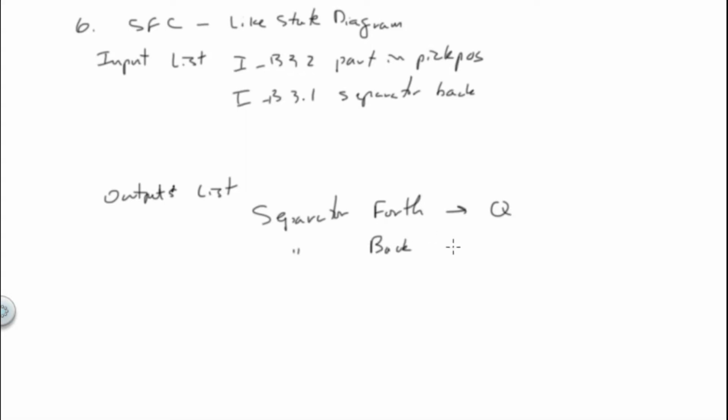Now, depending on the type of cylinder that you have, if it's a dual cylinder, you would turn on an output for the one until the limit switch is made. Then you would turn that one off and you would turn on another output for this one. Or you would turn this one on and then turn it off and it would come back. If it has a spring in it, it would just come back. So it depends on the type of cylinder that you have. But these are potential outputs.